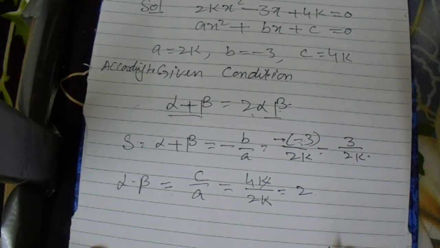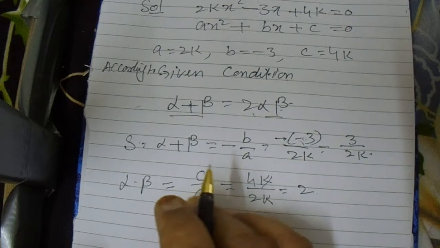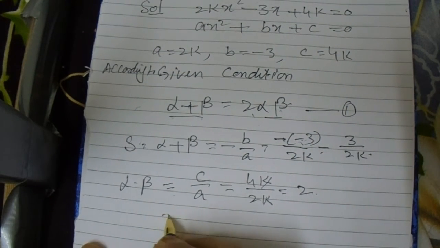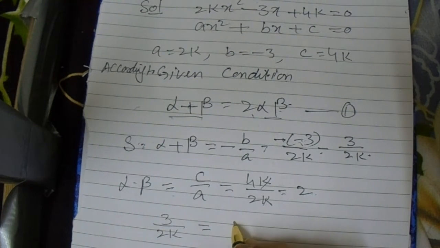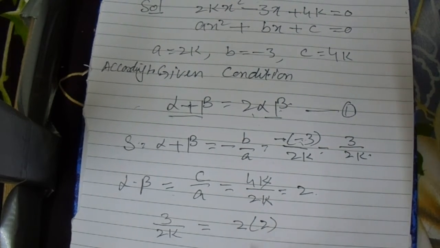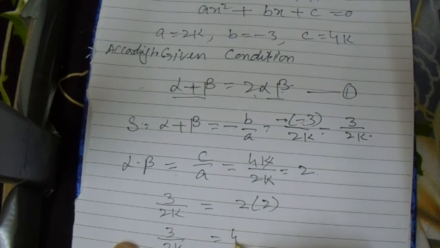Now we put these two values, the sum of the roots and the product of the roots, in equation 1. It means 3 over 2k is equal to 2 times 2, that is, 2 alpha beta. So 3 over 2k is equal to 4.